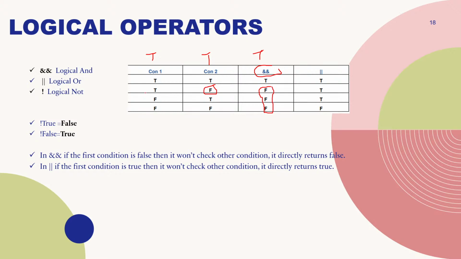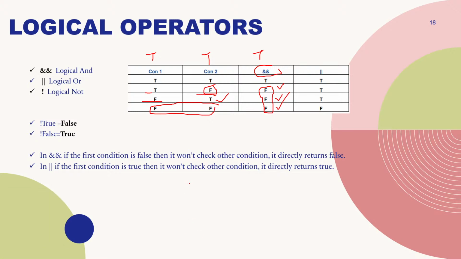If the first condition is true and the second condition is false, it will return false. If the first is false and the second is true, it will return false. Both are false also, it will return false. Okay. The AND operation will return true only when both the conditions are true, guys.